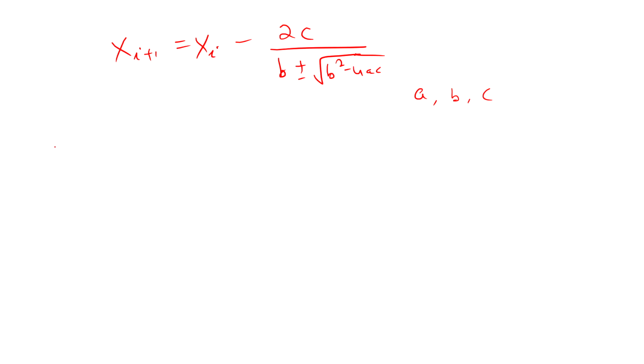Now the question is that I have xi minus 2, I have xi minus 1, I have xi, and based on this I have computed xi plus 1. Now what will be the strategy for the next iteration?